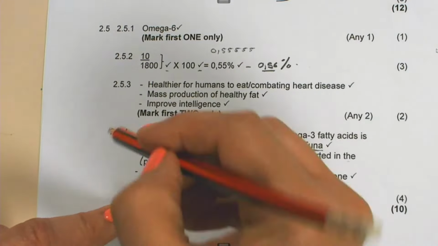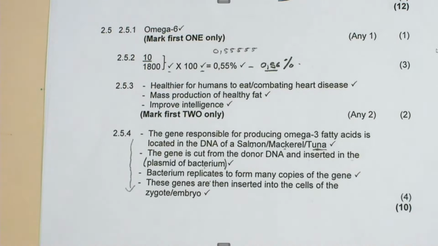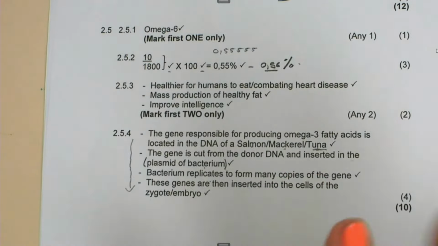So not a general statement on how we use a bacteria cell in genetic engineering. Specifically on this example, you must apply the knowledge that you have. When we use a bacteria cell, we must apply it to the information in the extract.